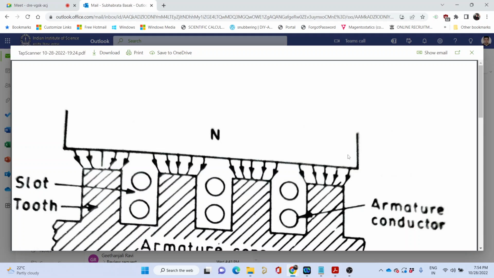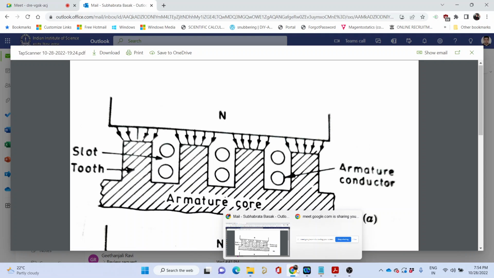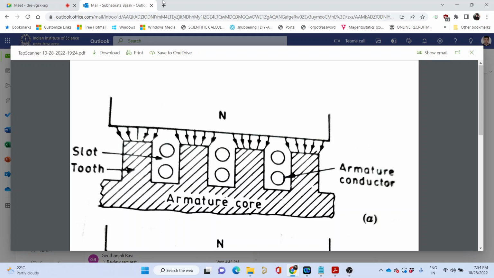You can see the screen, right? Yes, sir. Okay. So this is what I asked you.